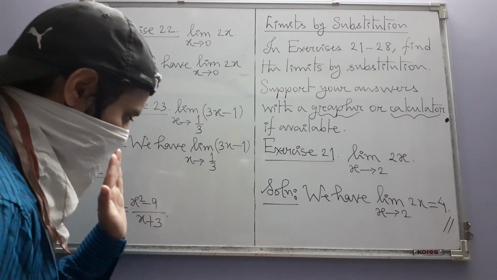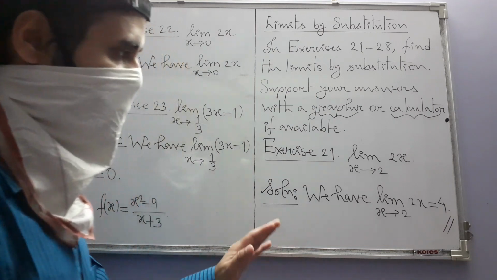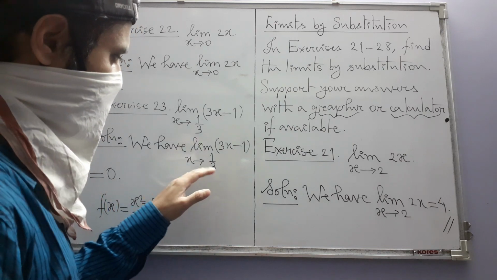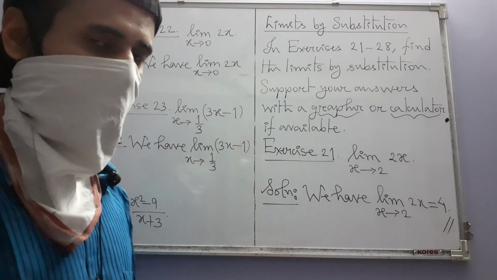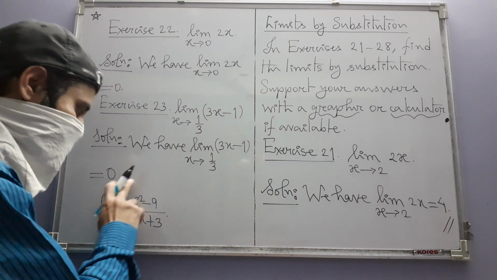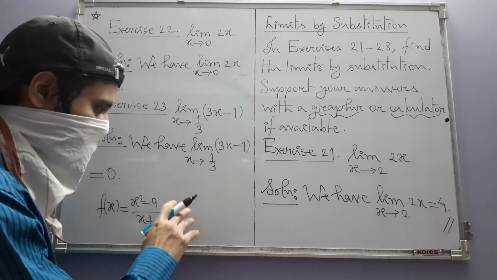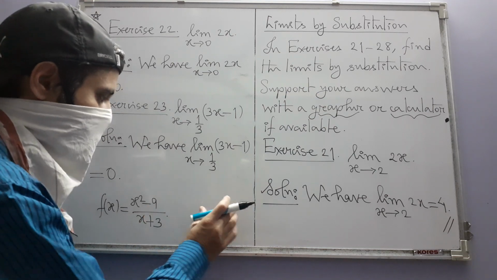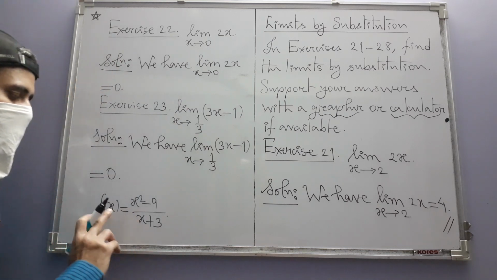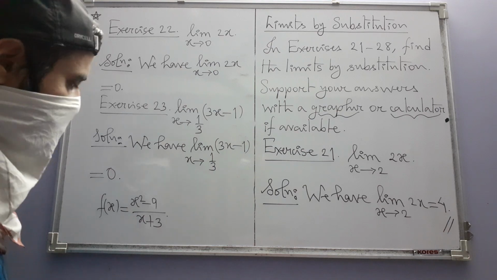So it is often the case that even when substitution is allowed, it may not be immediate. You may have to do some things to the function formula in order to take it to a form in which you can substitute. Here you cannot substitute x equal to -3. Okay.